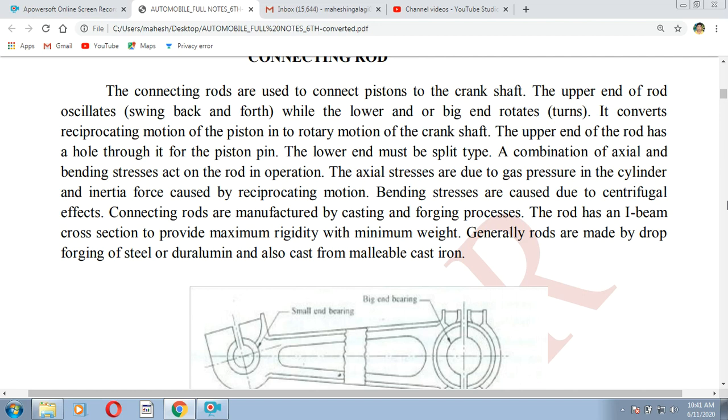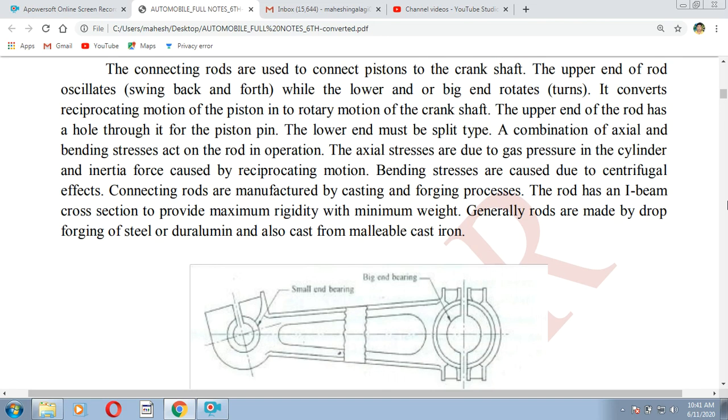The upper end of the rod oscillates, swinging back and forth, while the lower end or big end rotates. You may observe here, this is the big end. So it converts the reciprocating motion of the piston to the rotary motion of the crankshaft.